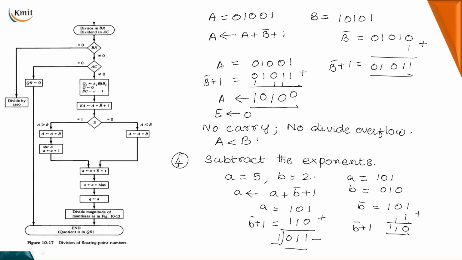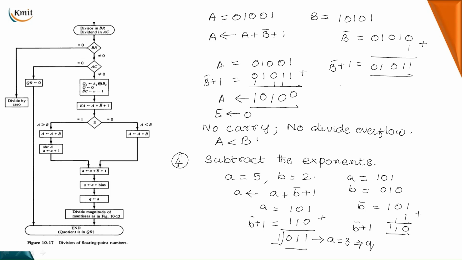So this 011 will be stored in small q, which is nothing but 011. The binary representation is 3. So this will be the exponent of your quotient capital Q and it is stored in small q. Okay. So you have to subtract the exponents to get the exponent of the quotient of your division operation, and this will be stored in small q.